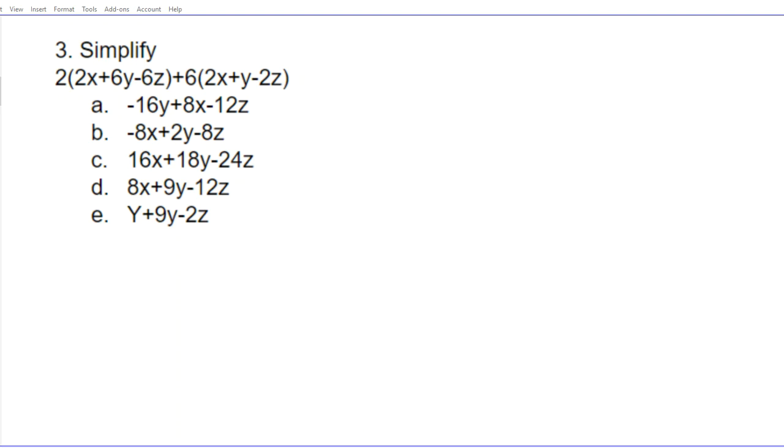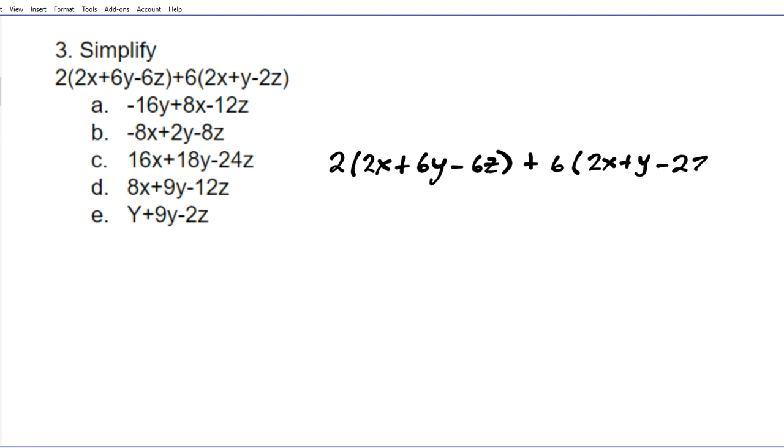Alright, let's take a look at number 3. We have to simplify the expression 2 times 2x plus 6y minus 6z plus 6 times 2x plus y minus 2z. So first things first, we are going to have to distribute. Why do we distribute?